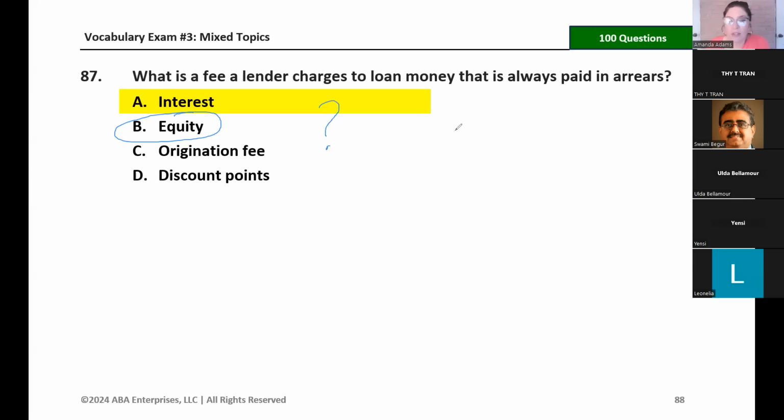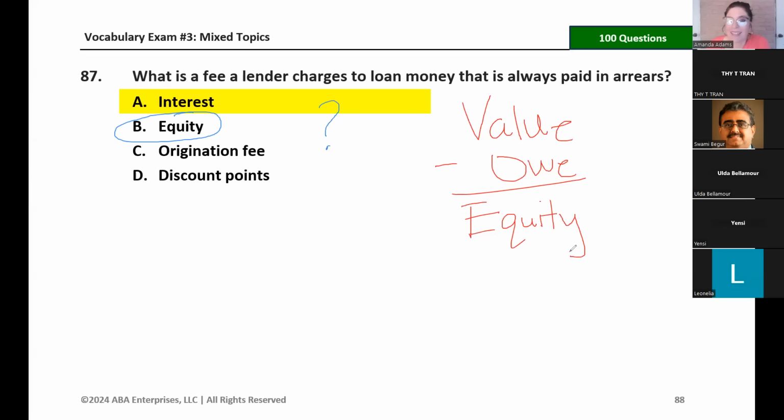Equity is the difference between what your house is worth, the current value, what you could sell it for right now, minus what you owe on it, any liens you have against it. That is your equity. Got it, thanks. You're welcome, Swami. So if you had to put your house on the market today, what it's worth today minus what you owe. Let's say you have an existing loan on it. That's your equity. Okay, very good, guys.